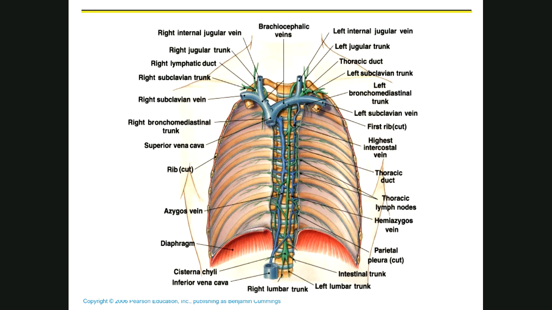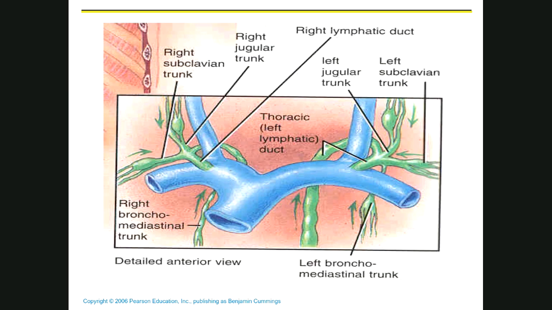So when we look at it here, there's our right one. But here's the left one. Make sense? Any questions? And then that left one, thoracic one, as it comes up, then it's going to drain. And where they both drain is back into the circulatory system.